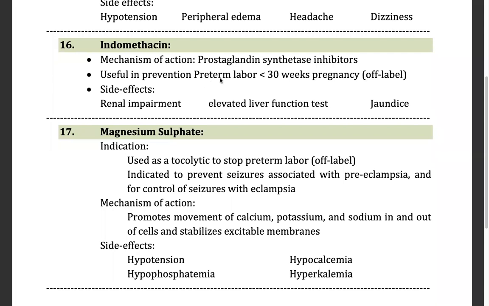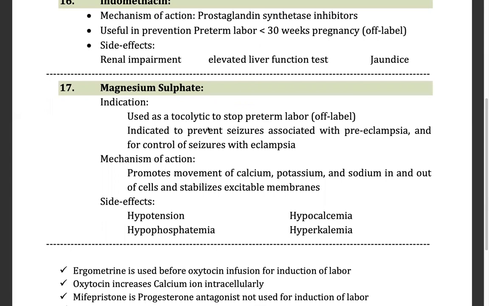So, as we discussed, the prostaglandin analog dinoprostone causes myometrial contraction, and the prostaglandin synthetase inhibitor indomethacin causes myometrial, uterine relaxation, vice versa.